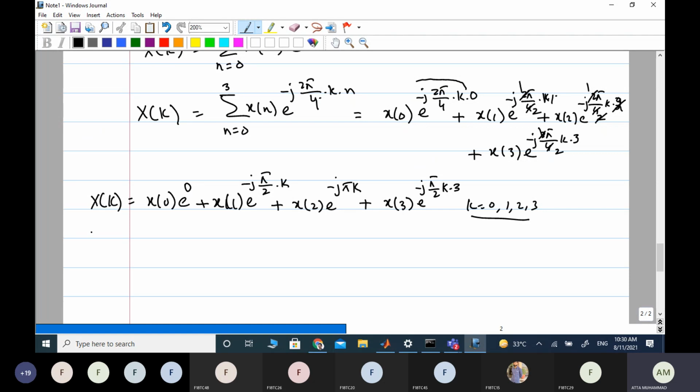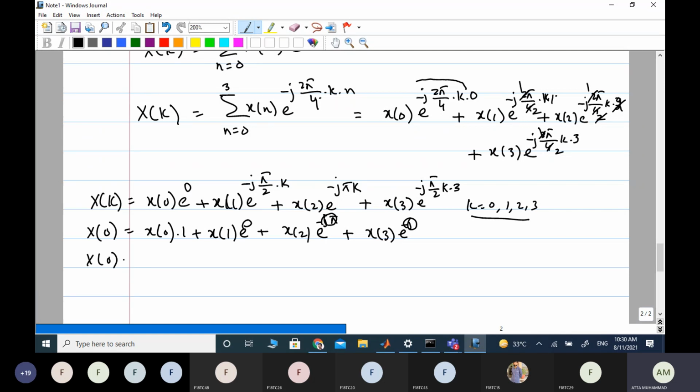So let us put k equal to 0 first. Our X of 0 then becomes x of 0 e to the power 0 is 1, plus x of 1 e to the power, now k is 0, so this complete term would be 0, plus x of 2 e to the power minus j pi, plus x of 3 e to the power, again when k is 0, this whole term becomes 0 as well.